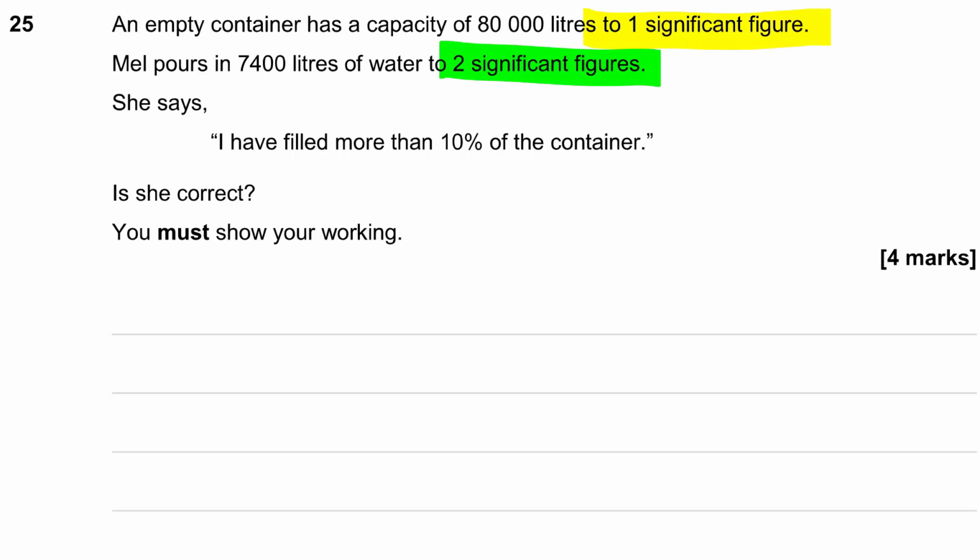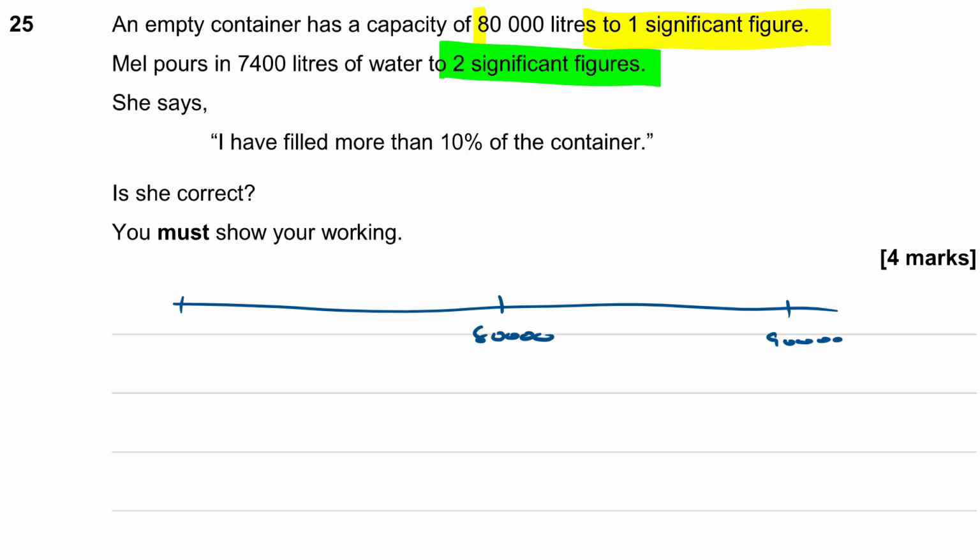Now that has been rounded to one significant figure. So the first significant figure of this number is this 8 here. It's the 10,000 value digit. So if I was to draw a number line and mark on it numbers going up in 10,000s, I'd have my answer there at 80,000, and the next one up on my scale would be 90,000, and the one below it would be 70,000, and then the numbers that would round to 80,000 would be the ones that are closest to it on that number line.